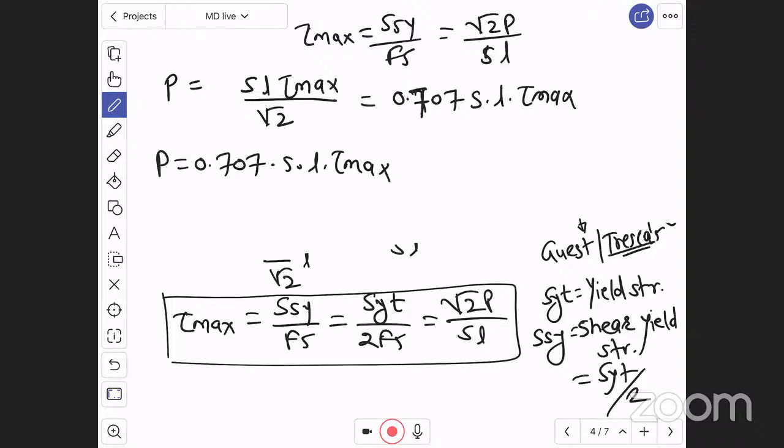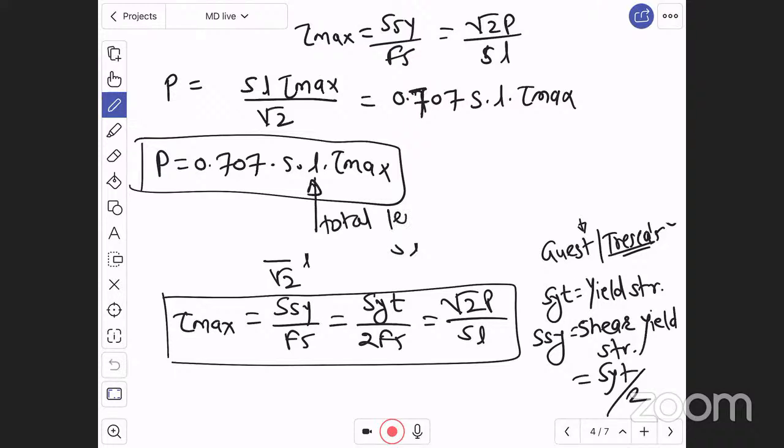Now this formula is very much important, and we are going to see questions on this formula. In GATE examination, maximum time they are asking questions on this formula. Here L is total length of weld, my dear students.